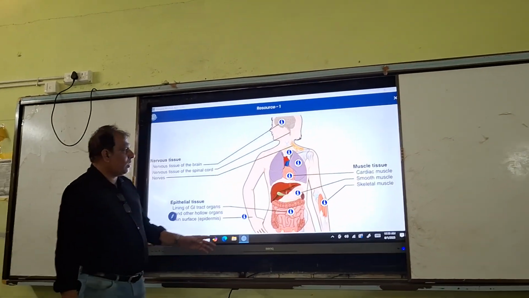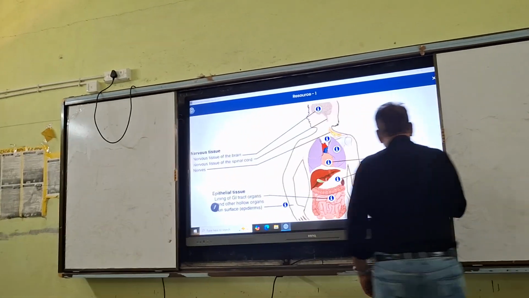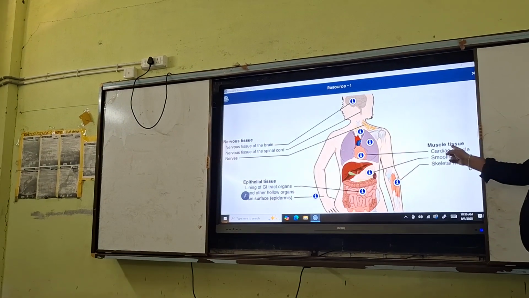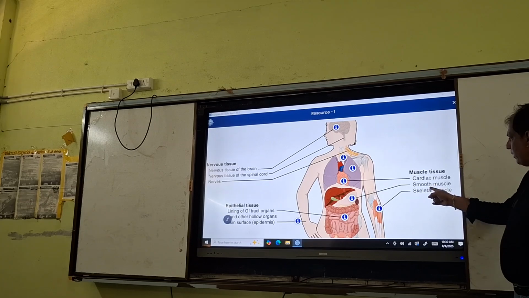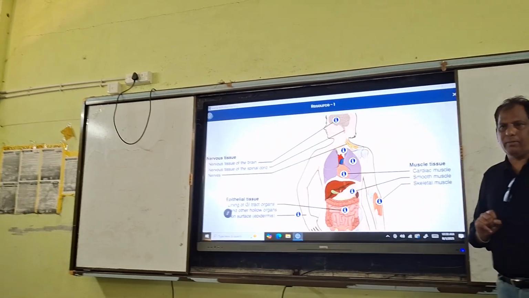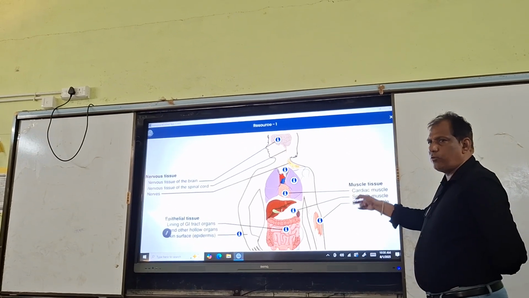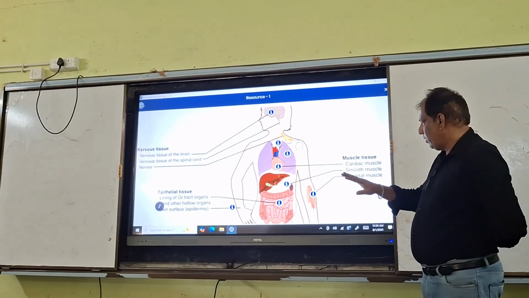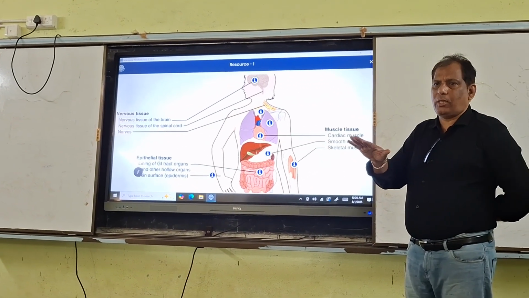Next, look at the muscle tissue. Just now we learned muscle tissues are of three types: cardiac muscle, smooth muscle, and skeletal muscle. Later we will learn in detail about these types of muscle tissues. Presently we just check out the location.